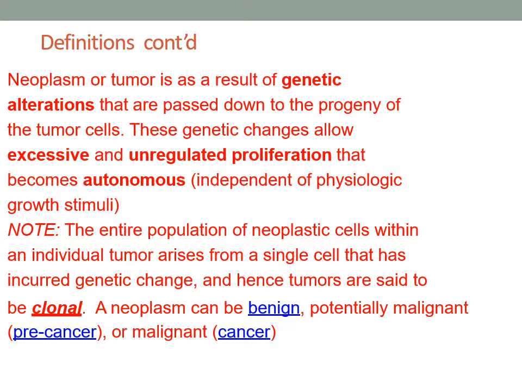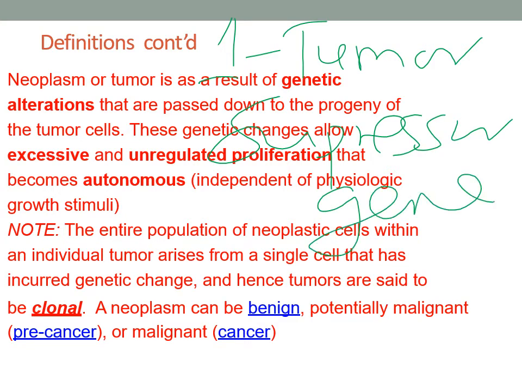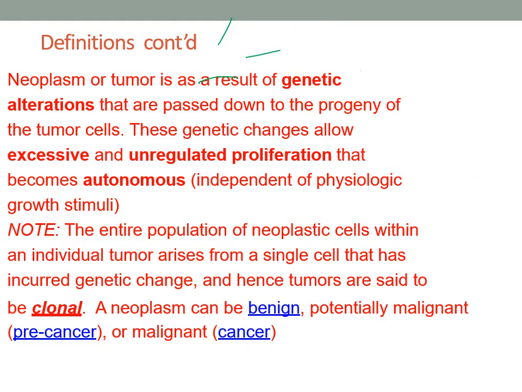The second type of genes, the second gene which controls cell division, is known as tumor suppressor gene. Tumor suppressor genes, as it sounds, suppressor, meaning to stop. These are genes which, when activated, stop cell division.